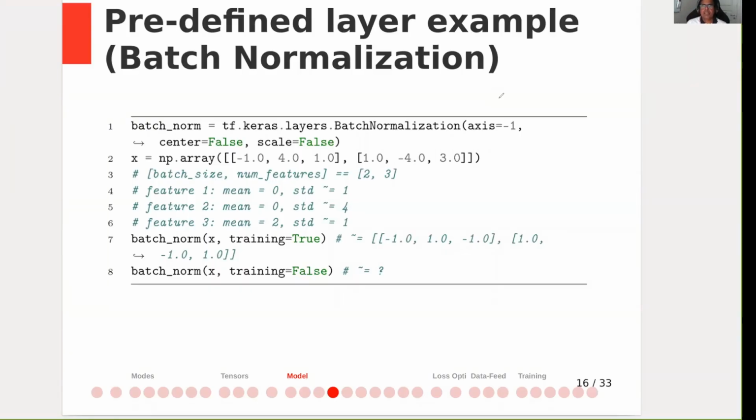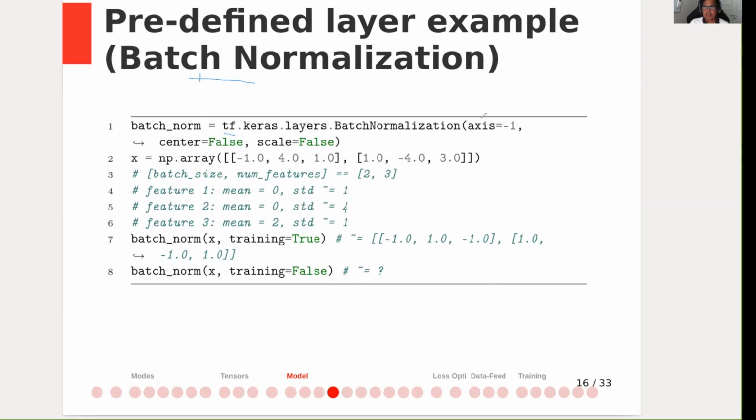This is yet another example of a built-in layer, batch normalization. Batch normalization is a regularization technique, but it is available as a built-in layer in Keras. So this is the function you want to call to create a batch normalization layer, tf.keras.layers.BatchNormalization.